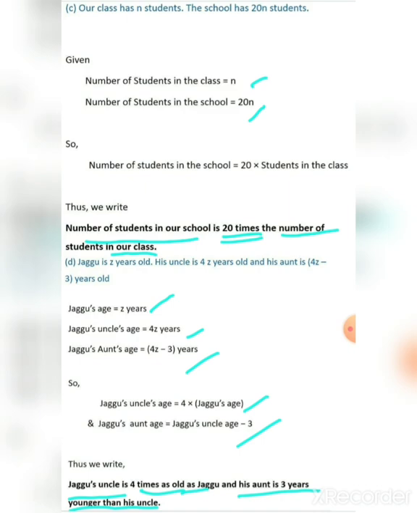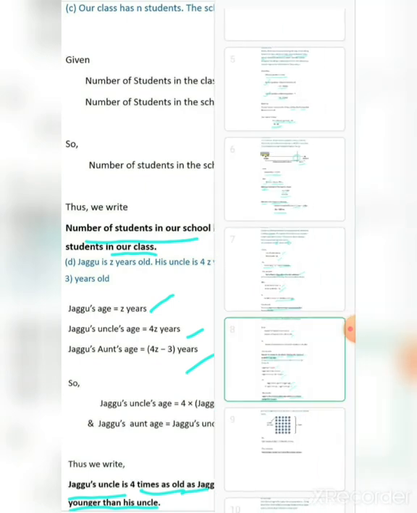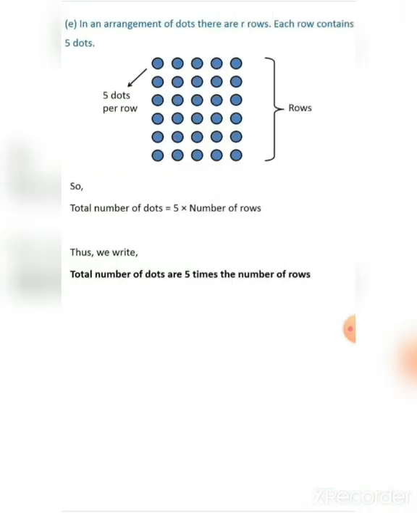One more question is there in this. In an arrangement of dots, there are R rows. Each row contains 5 dots. You can see here 5 dots are there, 1, 2, 3, 4, 5. This is a row. This is a column.